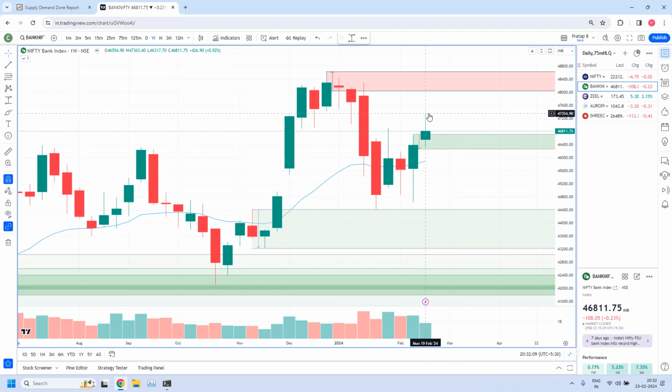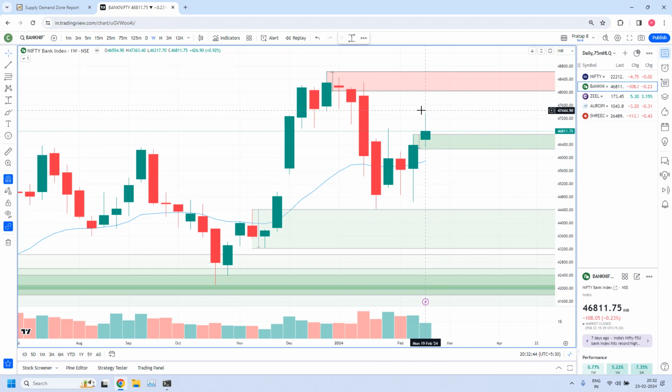Even further it went up, 47,354. The high of this candle is 47,363. So almost 3,000 points gain in Bank Nifty during the last 4 weeks. If you compare the last 4 weeks, nearly 3,000 points gain in Bank Nifty.